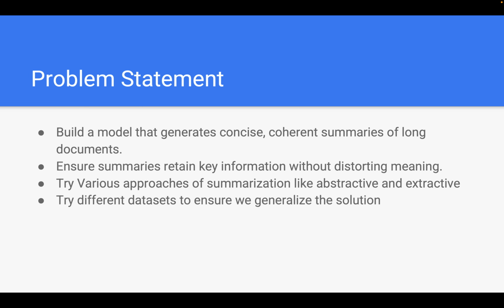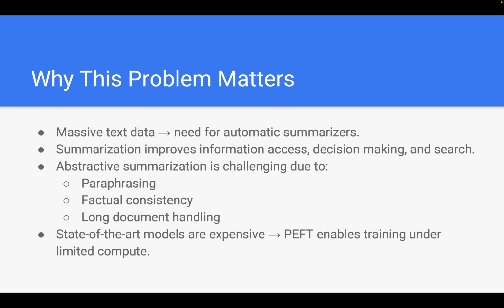We'll come to all of these technical terms in a bit, but just to give you an idea, there are multiple strategies one can apply to do summarization, and abstractive and extractive are two ways to do that. We'll be trying different datasets to ensure that we generalize the solution, and then we'll capture all the statistics and the metrics to make sure that our model performs well.